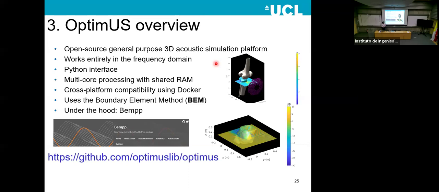You can use IPython notebook, or you can script it in Python if you want. The architecture relies on shared RAM with multi-core processing, and presently cross-platform compatibility is ensured via Docker, and we're using the BEMPP kernel, which was developed by our colleague Timo Betcke at UCL. And if you want to look at our GitHub repository, it's here.